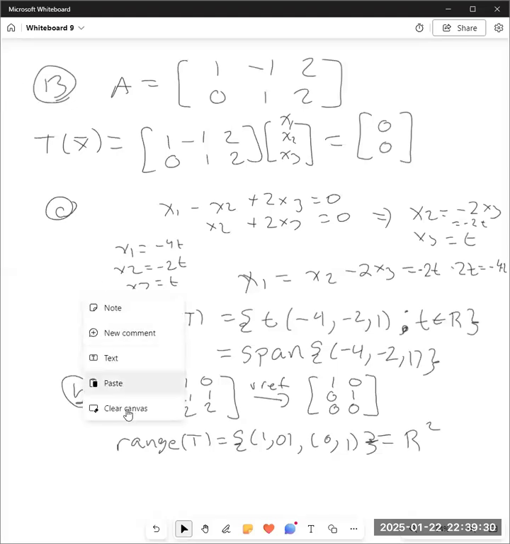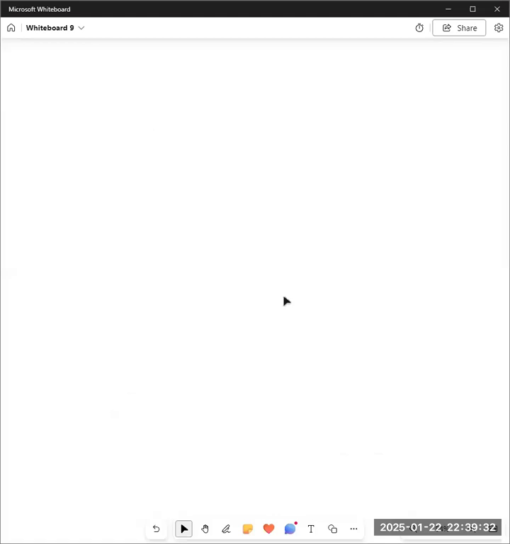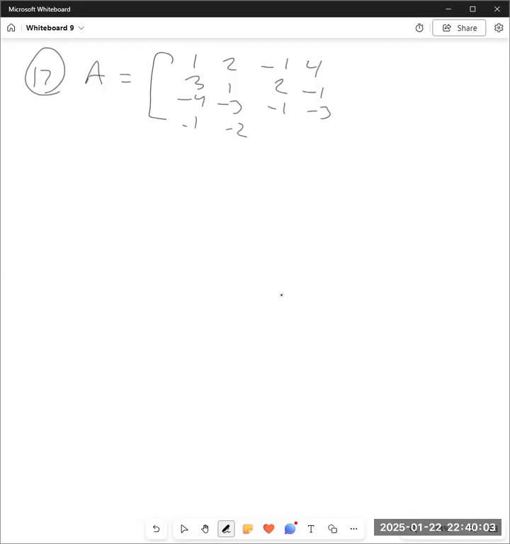So look now at number 17. A is equal to [1, 2, -1, 4; 3, 1, 2, -1; -4, -3, -1, -3; -1, -2, 1, 1].